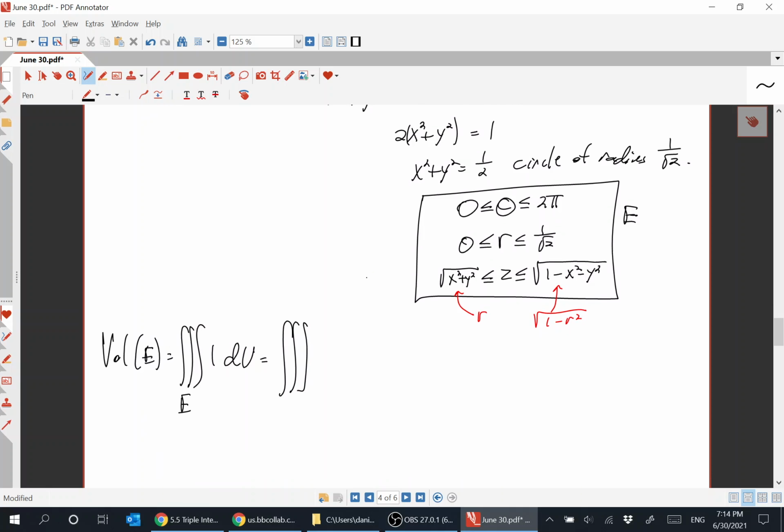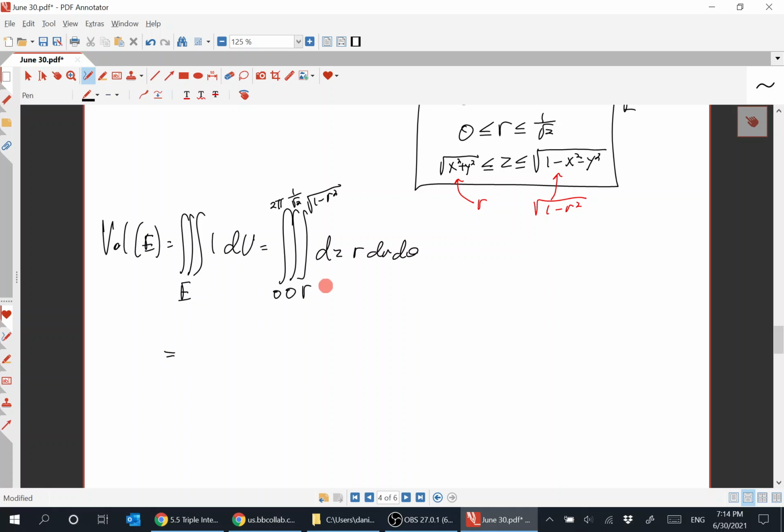So it is the triple integral from r to square root 1 minus r squared, 0 to 1 over root 2, and then 0 to 2 pi, dz r dr d theta.